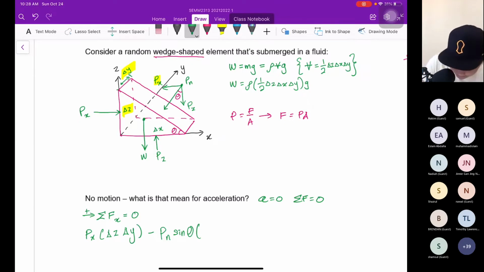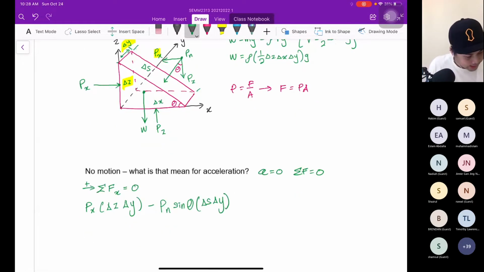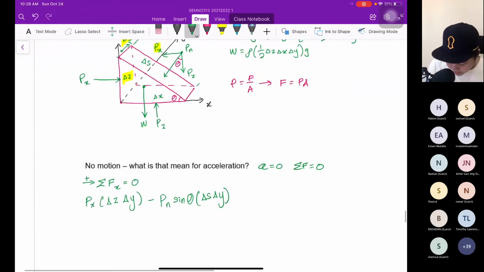Let's say this is our slanting: from here to here is delta s, that means the change of slanting. So delta s multiplied with delta y. Next is nothing, so directly equal to 0.